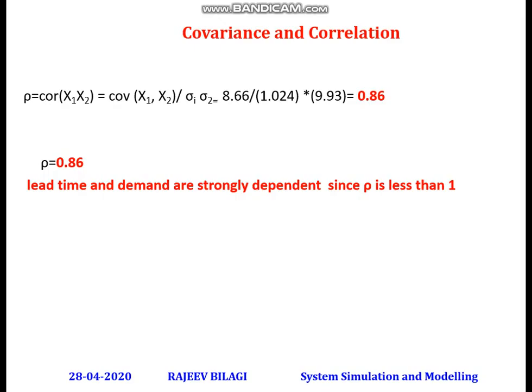So this is how to find the covariance and correlation, and based on the correlation value, how you find out whether the two variables depend on each other. This completes your entire module number 4.